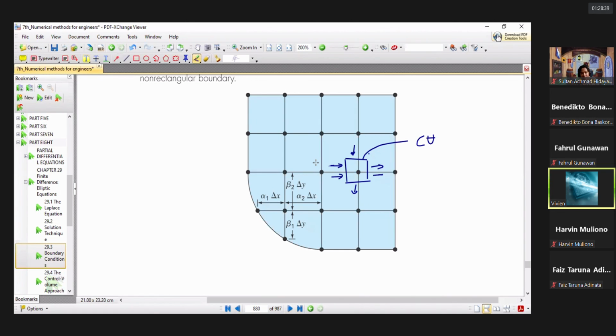The finite difference method that we have learned here is the basis for all of the development and improvement later in finite element and CFD. So that will be an overview of why we need to learn this.